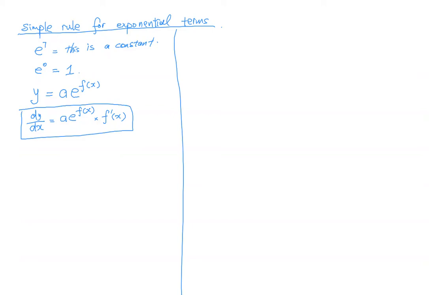Okay, so let's start with the examples. Question 1, I give you f(x) is equal to 3e to the power of 4x times e to the power of x.